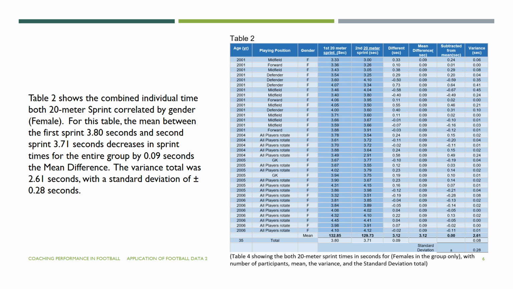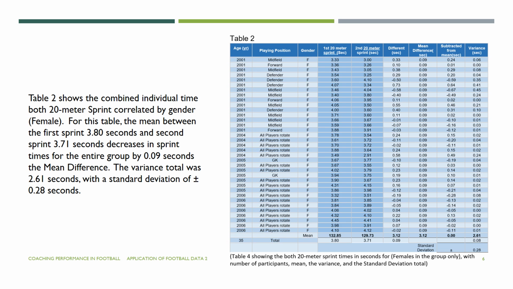The second sprint, total time of 129.73 seconds with a mean time of 3.71. This was a difference of 0.09, and also 3.12 seconds for the entire group.